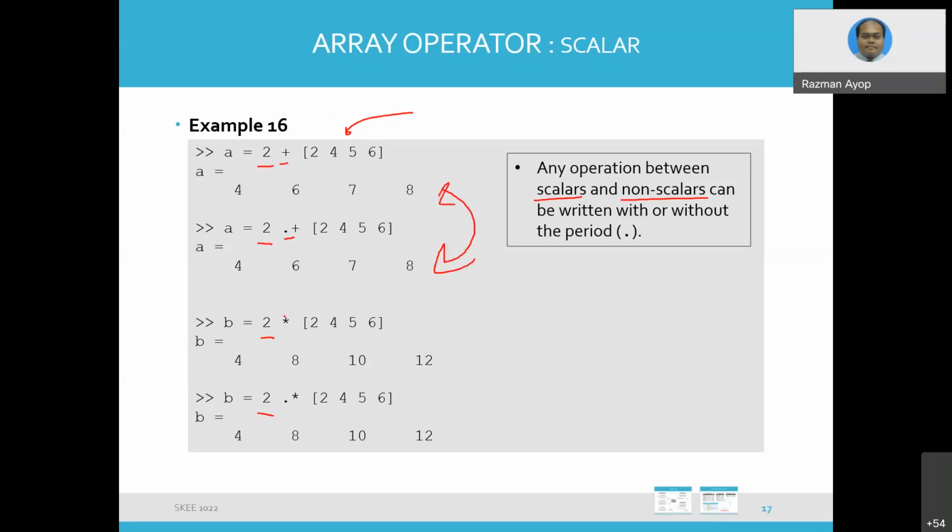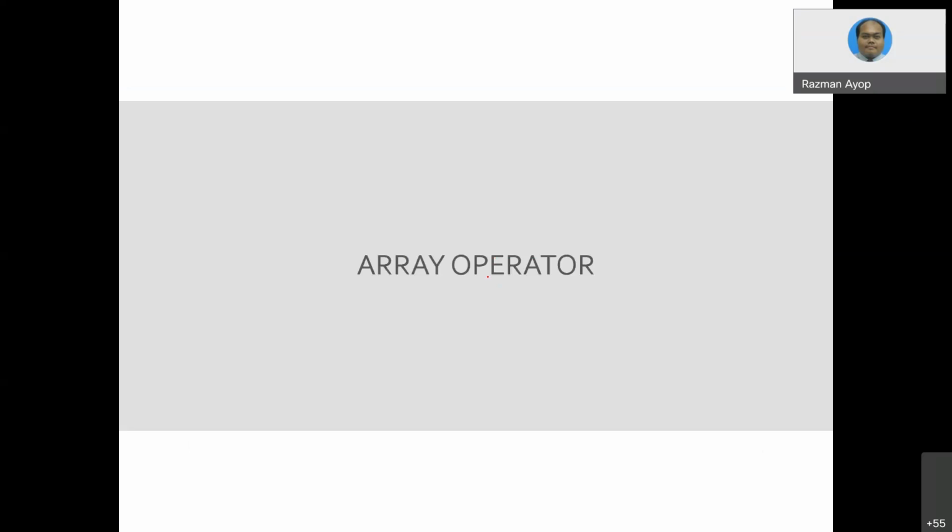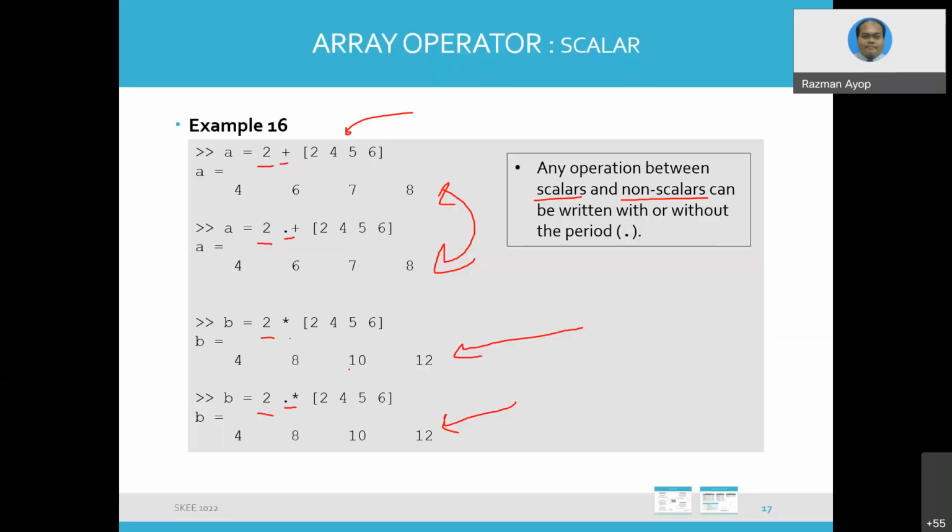Anything using scalar with non-scalar, whether multiplication or subtraction, is automatically the same whether it is matrix operation or array operation. So make sure you know this. This is the first rule. You can try this in your MATLAB. It will show the same answer. So that is the first thing you need to know.